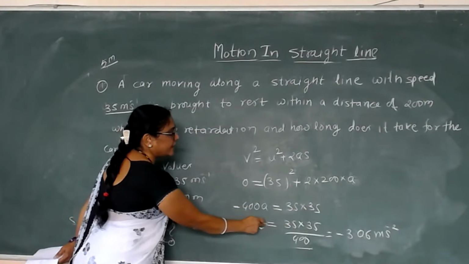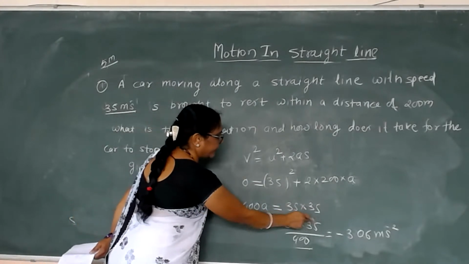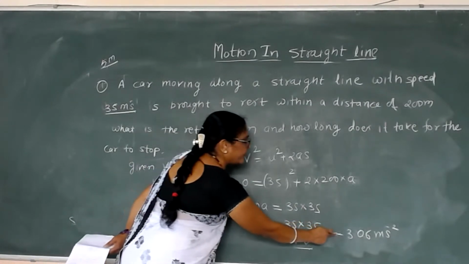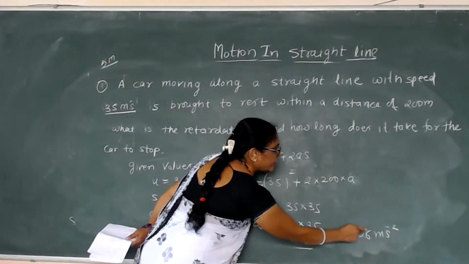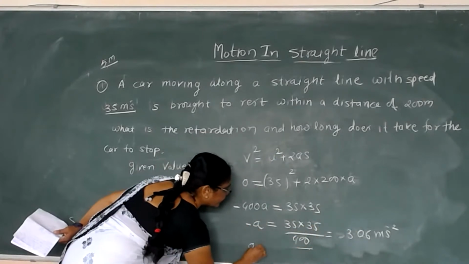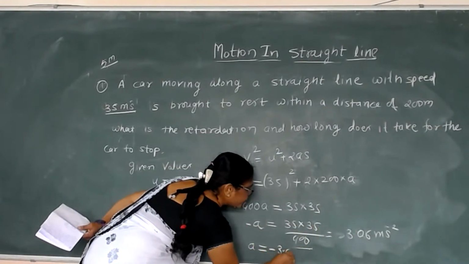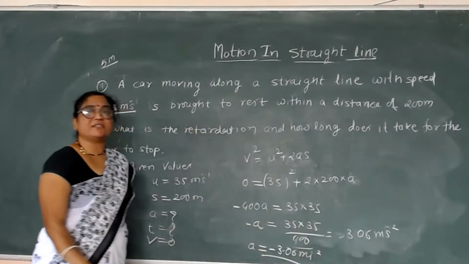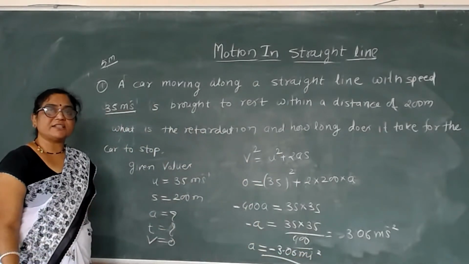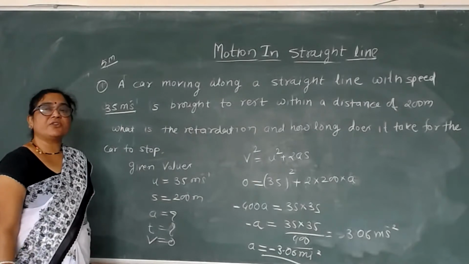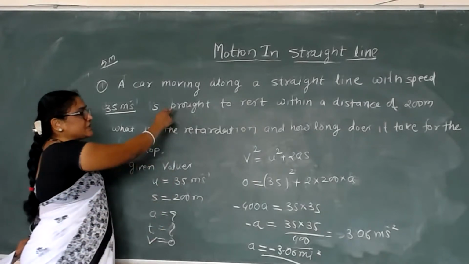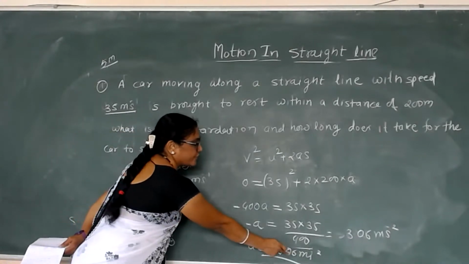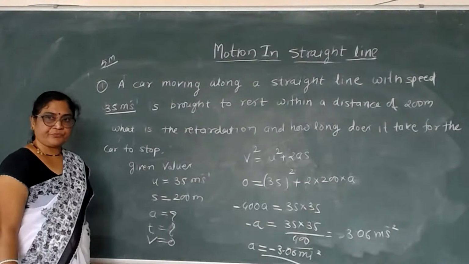Therefore minus a is equal to 35 into 35 divided by 400, which is 3.06, meaning a is equal to minus 3.06 meter per second square. Minus means this is known as a retardation, a negative acceleration. So the answer for the first part is a equal to minus 3.06 meter per second square.